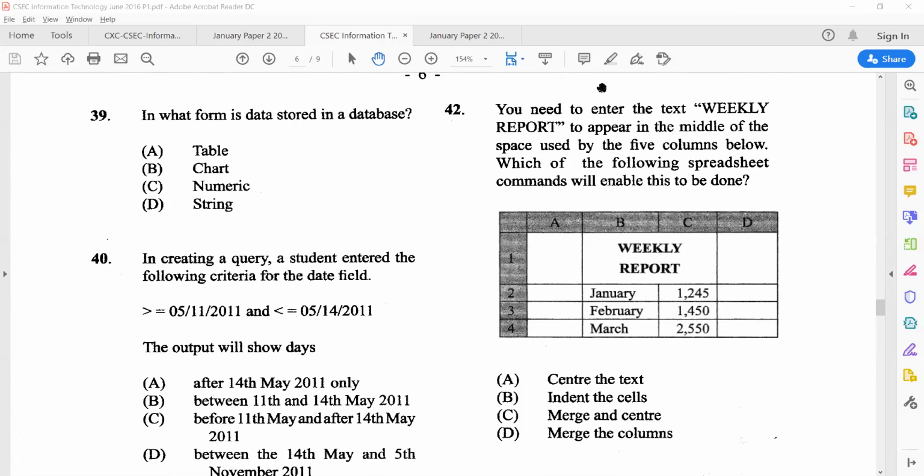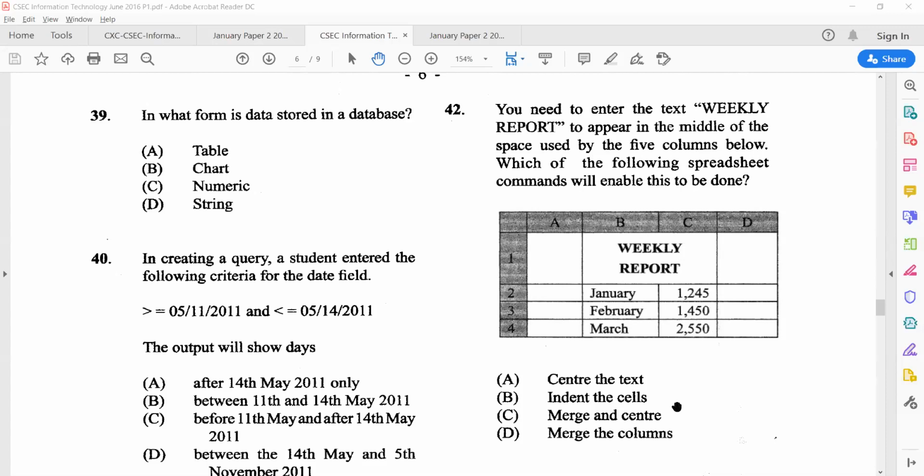42. You need to enter the text weekly report to appear in the middle of the space used by the 5 columns below. Which of the following spreadsheet commands will enable this to be done? Center the text, indent the cells, merge and center, merge the columns.